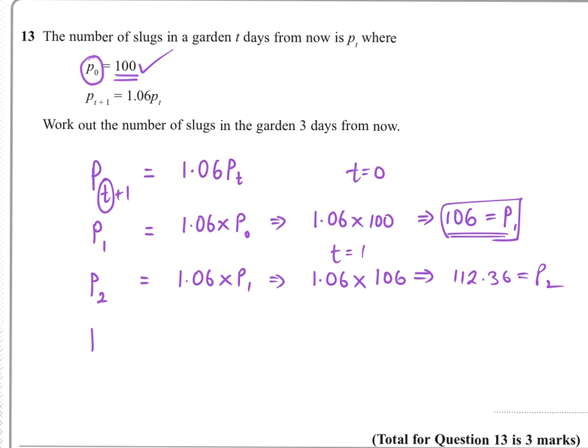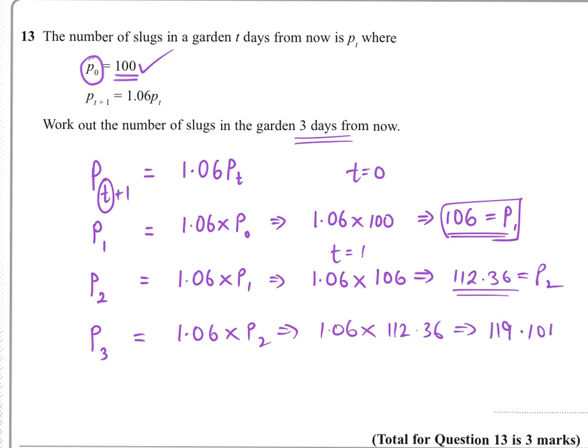And then P3, where t is 3 days from now, will be 1.06 times P2, which is 1.06 times this value here, and times that by 1.06, and that gives me 119.1016. But as it wants the number of slugs, I'll go to the nearest whole slug, and that would be 119 slugs.